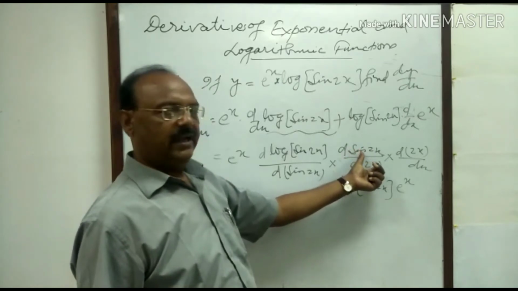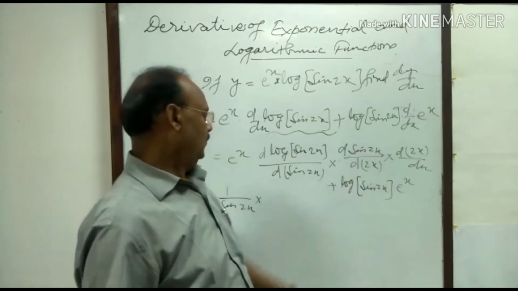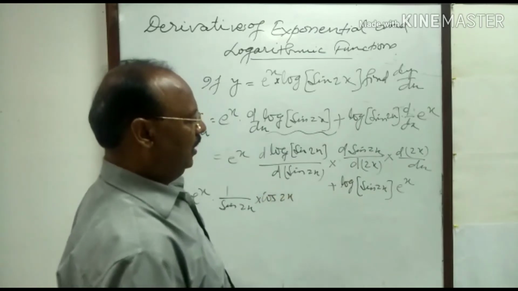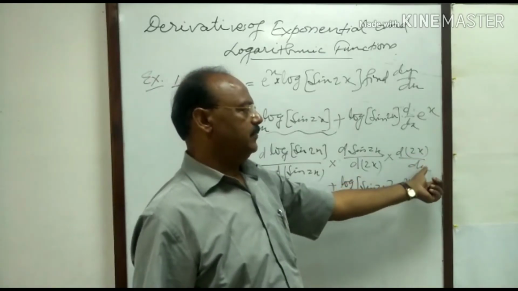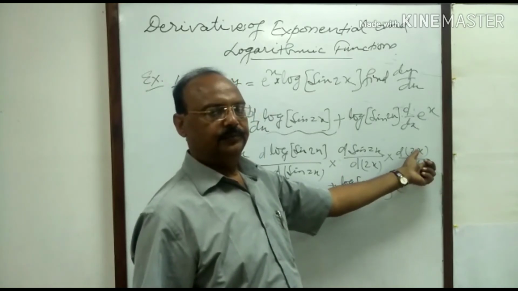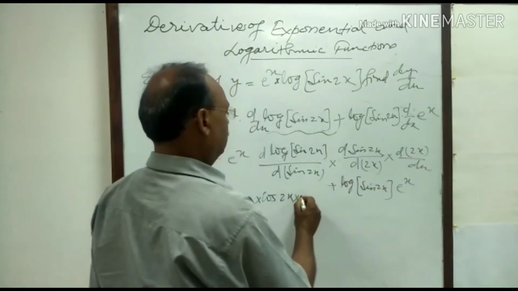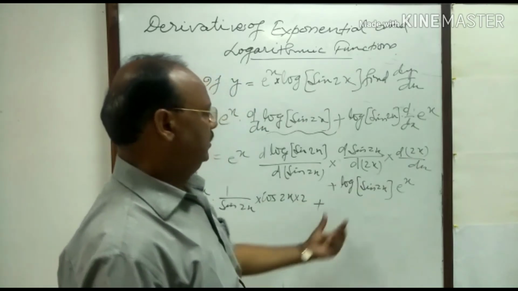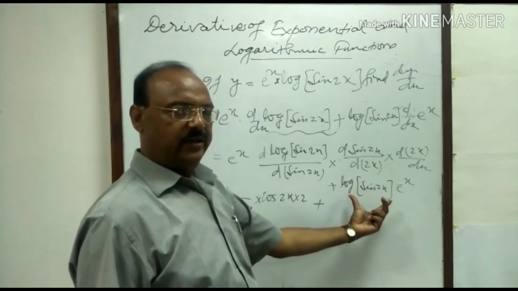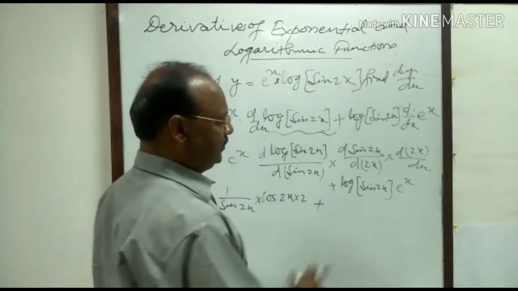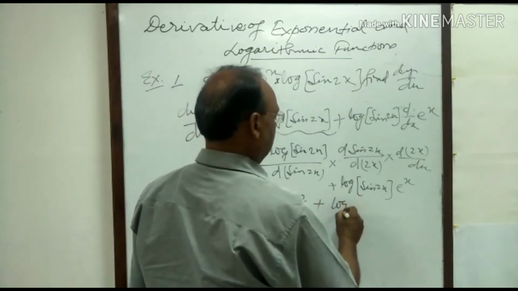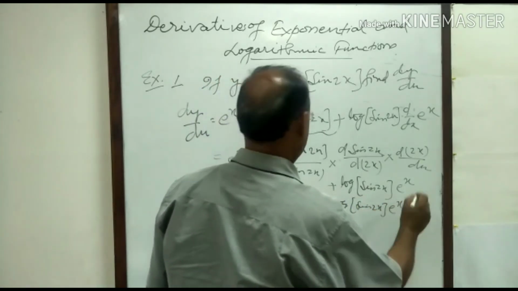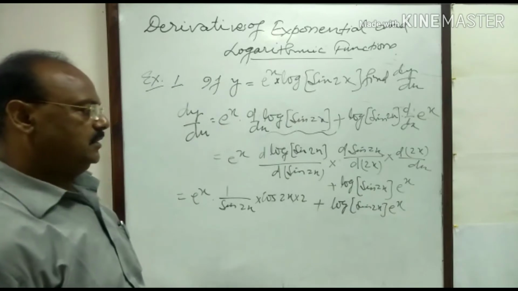So the derivative of sine is cos of this much, so into cos of 2x, and here the derivative of 2x with respect to x is 2, into 2. Plus, now let us see this part which has already been differentiated. So this is equal to log of sine 2x into e to the power x.